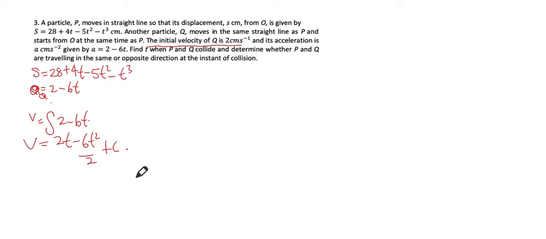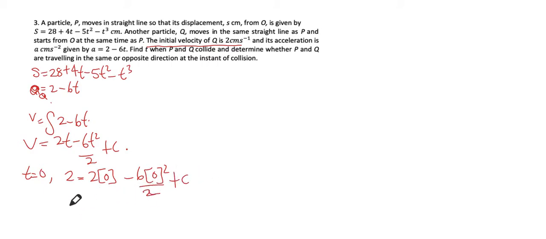But before that, let's see what information we have. It says Q starts from O at the same time as P, but the initial velocity is already 2. So at t equals 0, velocity is already 2 cm per second. So 2 equals 2 times 0 minus 6 times 0 square over 2 plus c.